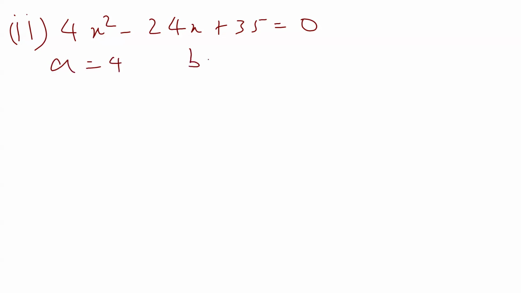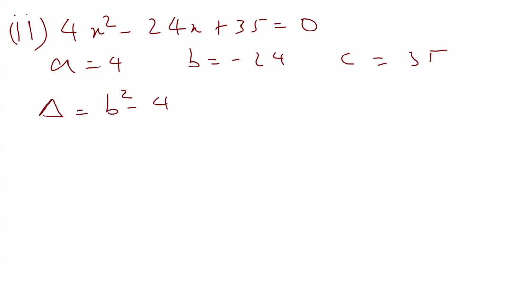Second sub question, 4x square minus 24x plus 35 equal to 0. Now see, A is 4, B is minus 24, C is 35.